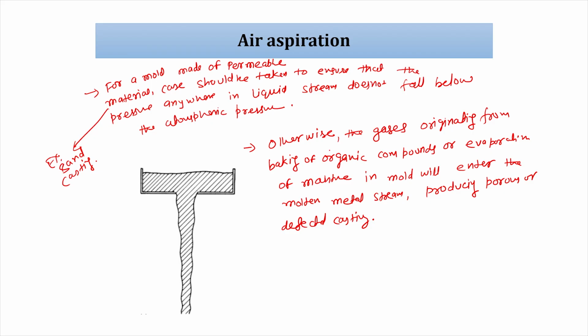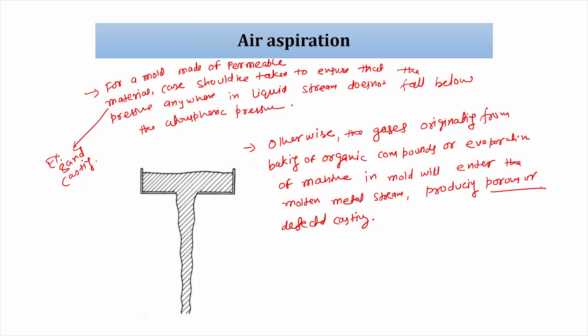Let's assume your pressure is lower than atmospheric, and you are not able to maintain it. Then what will happen? The gases originating from the baking of organic compounds, like binders, clay, resins, and some moisture as well, as in green sand casting, will evaporate, and gas will be generated. If permeability is sufficient, it will go out.